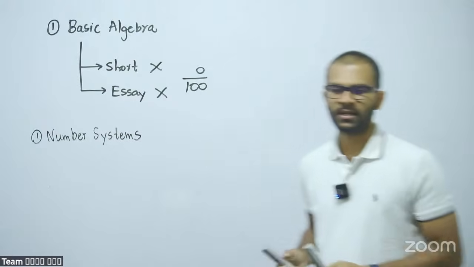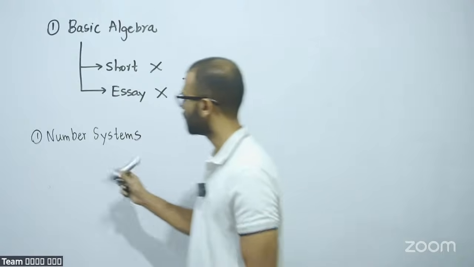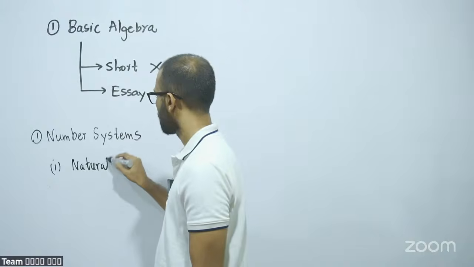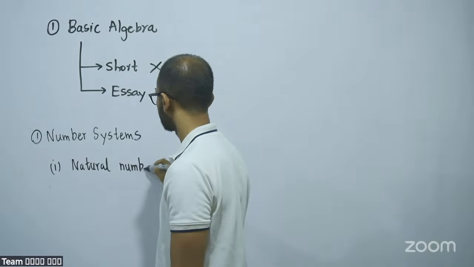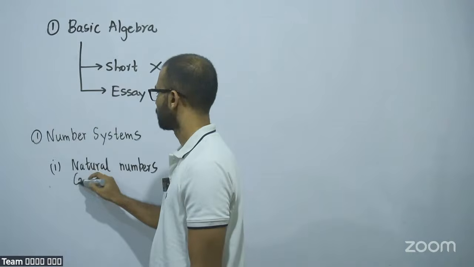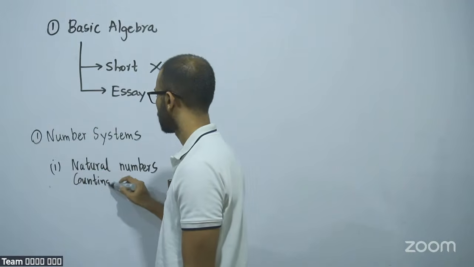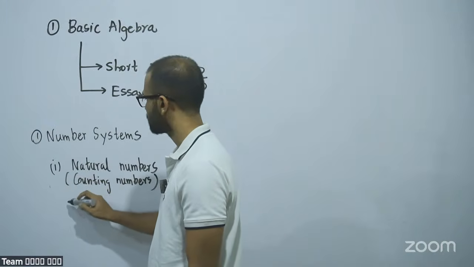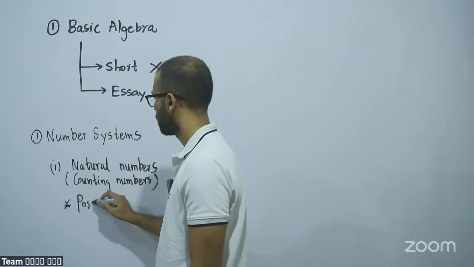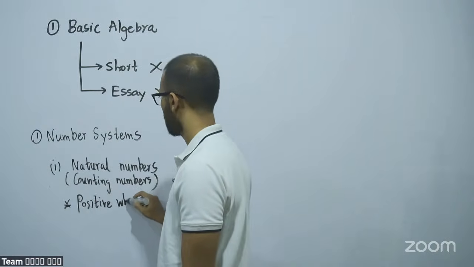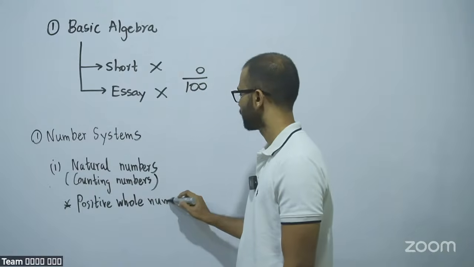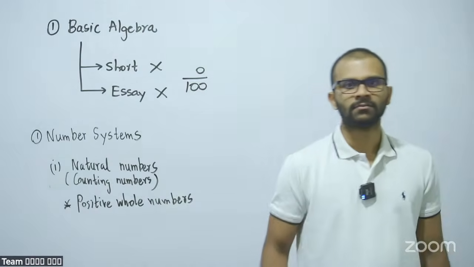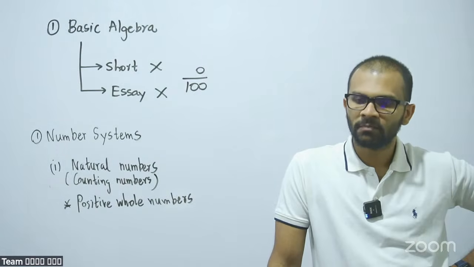The first category of numbers will be natural numbers, counting numbers. Or in other words, we can say positive whole numbers. Right, Lamai? Positive whole numbers.